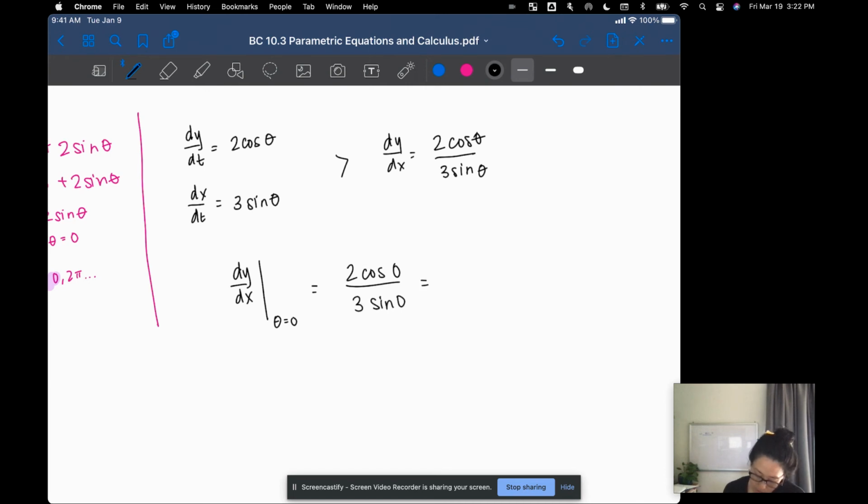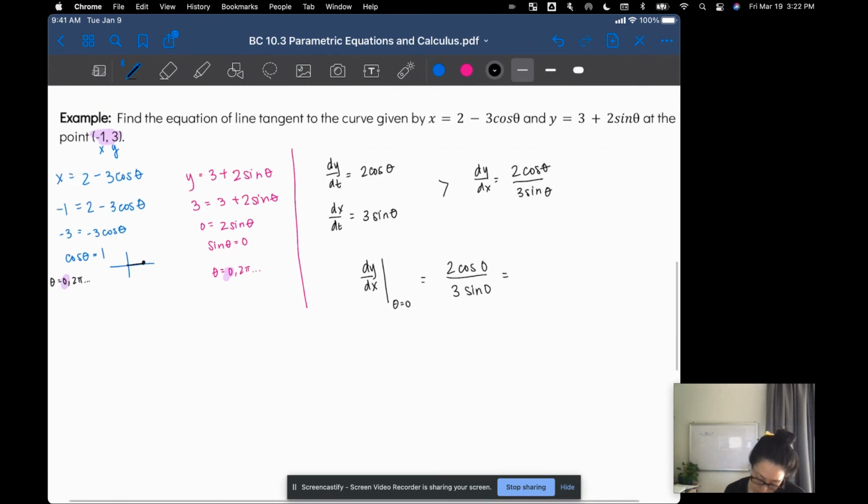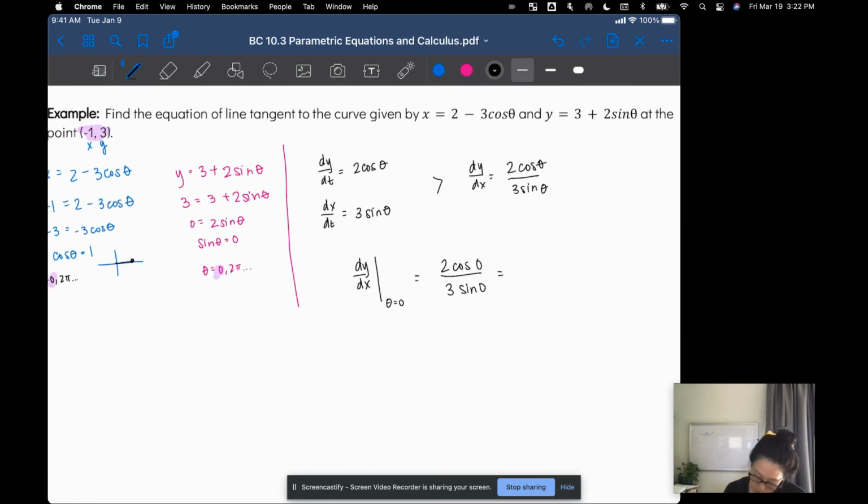I remember that sine 0 is equal to 0 and cosine 0 is equal to 1. So 1 times 2 is 2, and 3 times sine 0 is 0. This is undefined. So we have a vertical tangent because the slope is undefined.